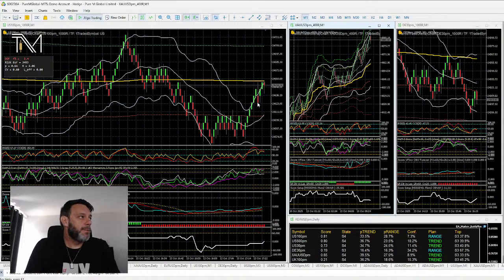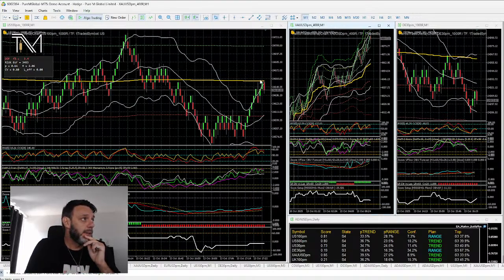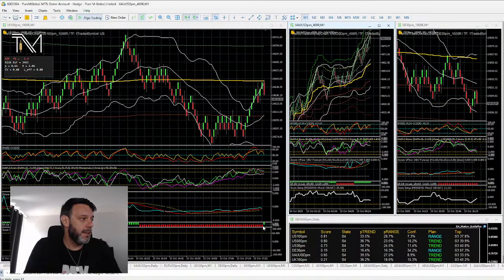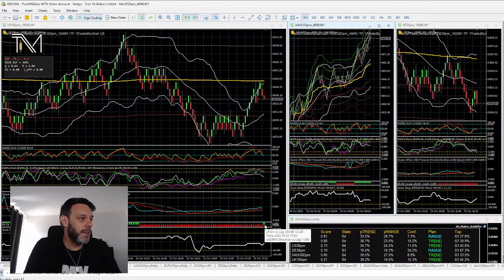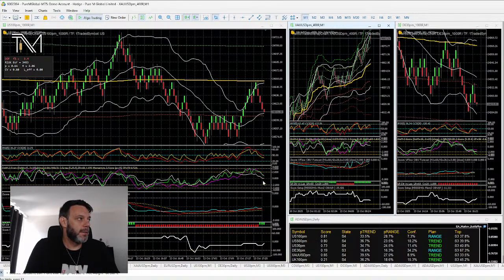So now we have Nasdaq exactly at the test of the VWAP average line. If it breaks it, it's a pretty good signal, and you see the histogram is deciding whether to stay red or become green. So now it's become green.